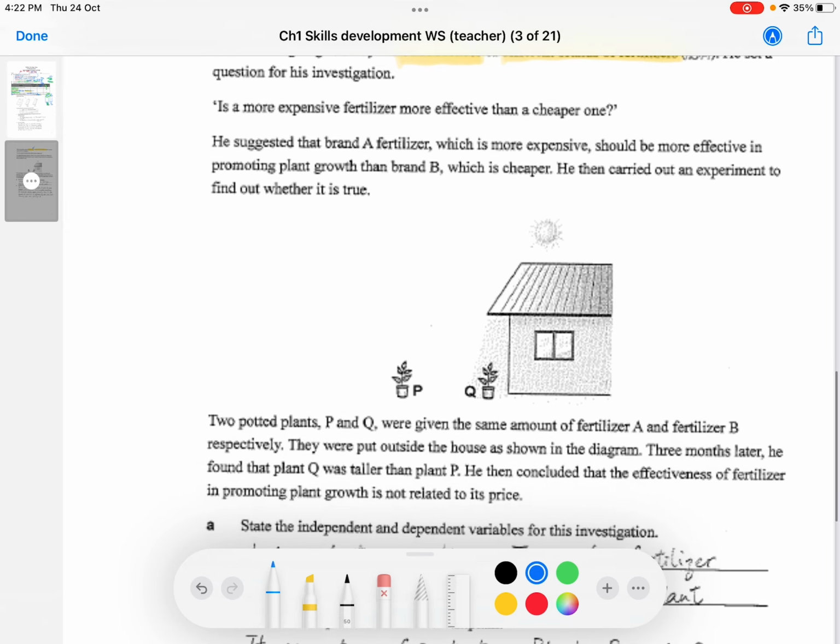He said, okay, after 3 months, look for the measurement part. Plant Q is taller than plant P. Okay? And this is how he can measure the effectiveness of the fertilizer. 佢點知道邊種肥料佢係有效啲啊？係嘛？我要諗一個嘅 measurement 出嚟。You have to think of the measurement to compare the result.